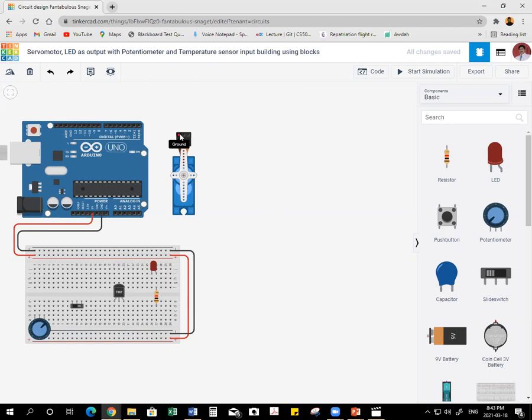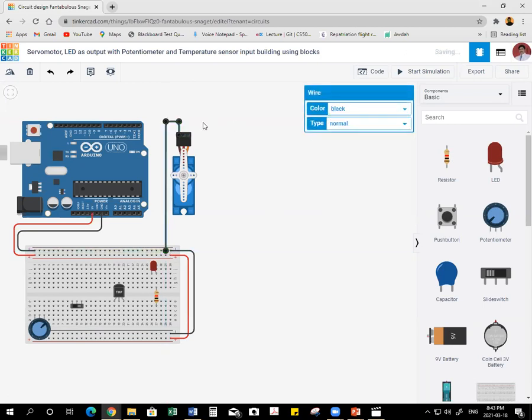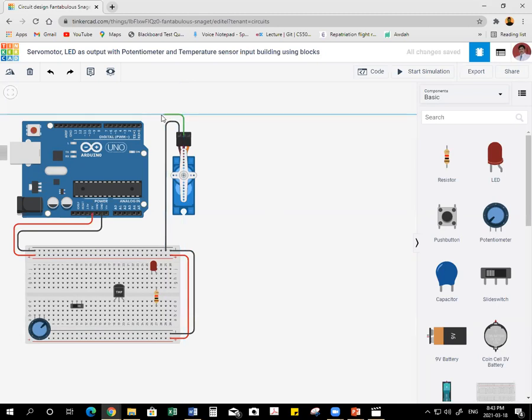Servo motor, what I told you, this is ground, this is power, and this is the signal. So connect the ground, black, and this is the power.